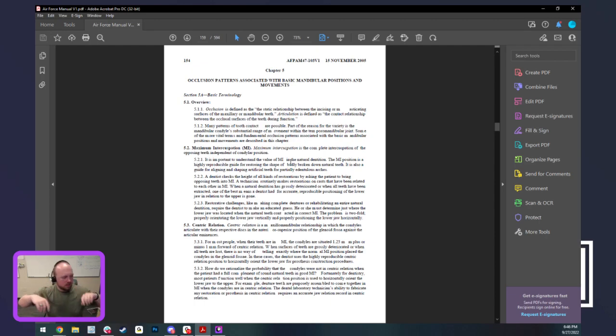So when there's a difference between centric relation and maximum intercuspation: if I say bite together, that's maximum intercuspation. But if I want centric relation, I take your jaw and seat the condyles. We want the condyles to fall right into their little sockets. So that's the difference. Sometimes patients have wear and things they have developed over time that compensate, so maximum intercuspation and centric relationship are not the same thing.